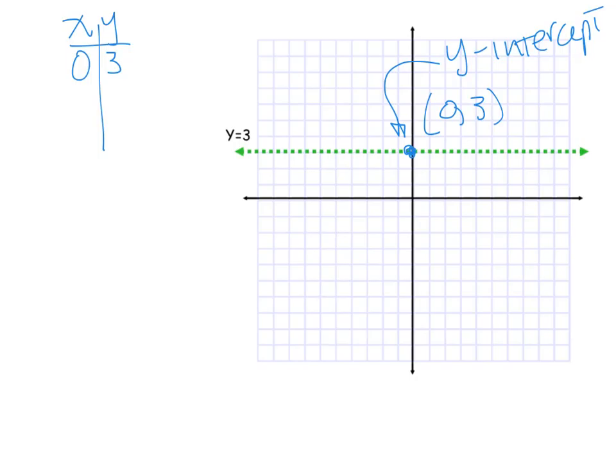Now, what if we put in, let's say, negative 8 for x? Well, the equation is telling us that y equals 3. So we then have the point (negative 8, 3). What if we put in 4 for x? Well, we have (4, 3). In other words, it doesn't make any difference.